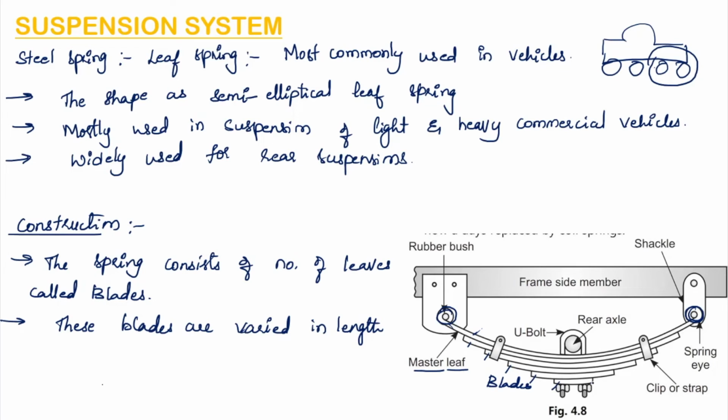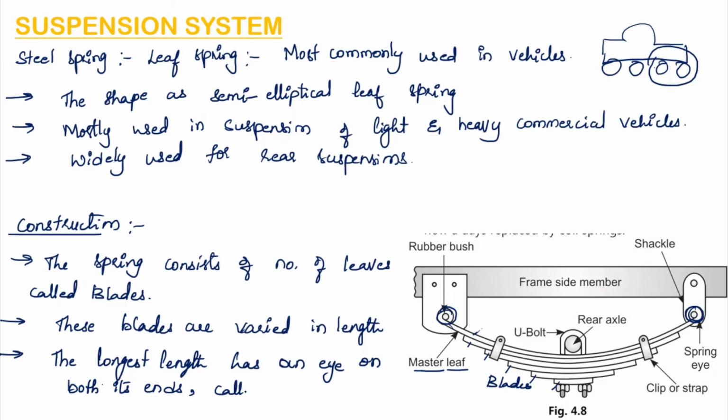Then the longest one has an eye on both its ends, and it is called the master leaf.